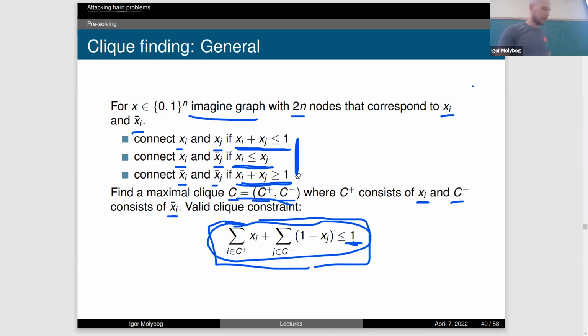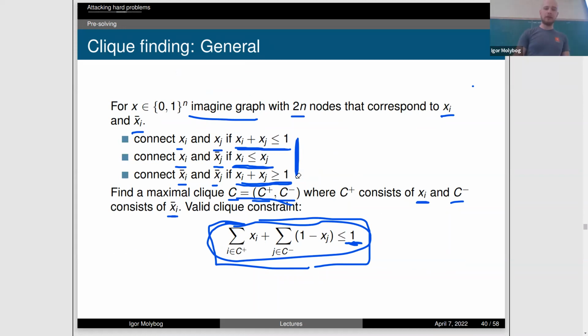This is some of the newer developments, an advanced technique. So it's an algorithmic procedure.